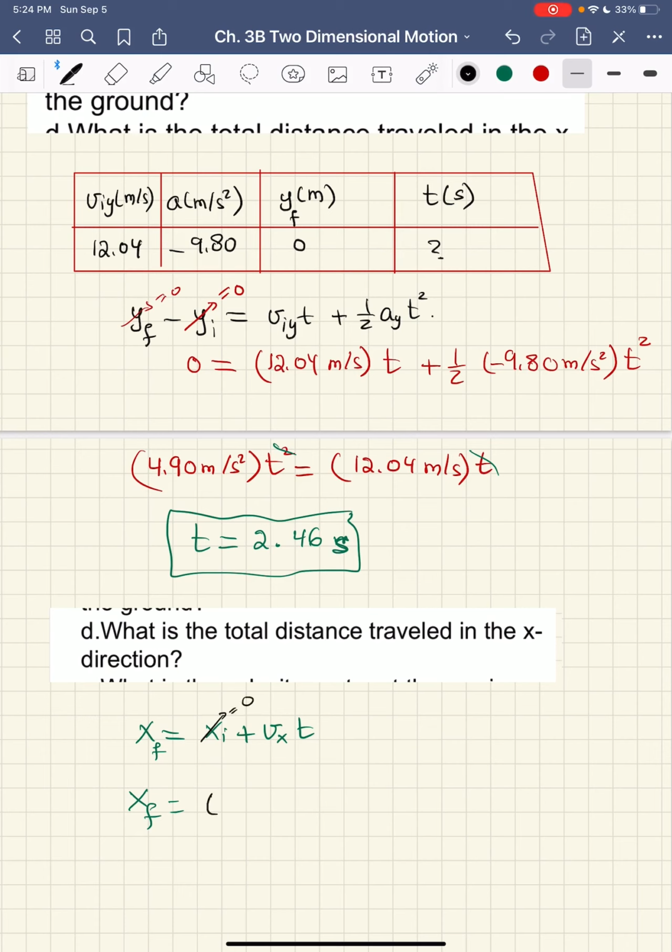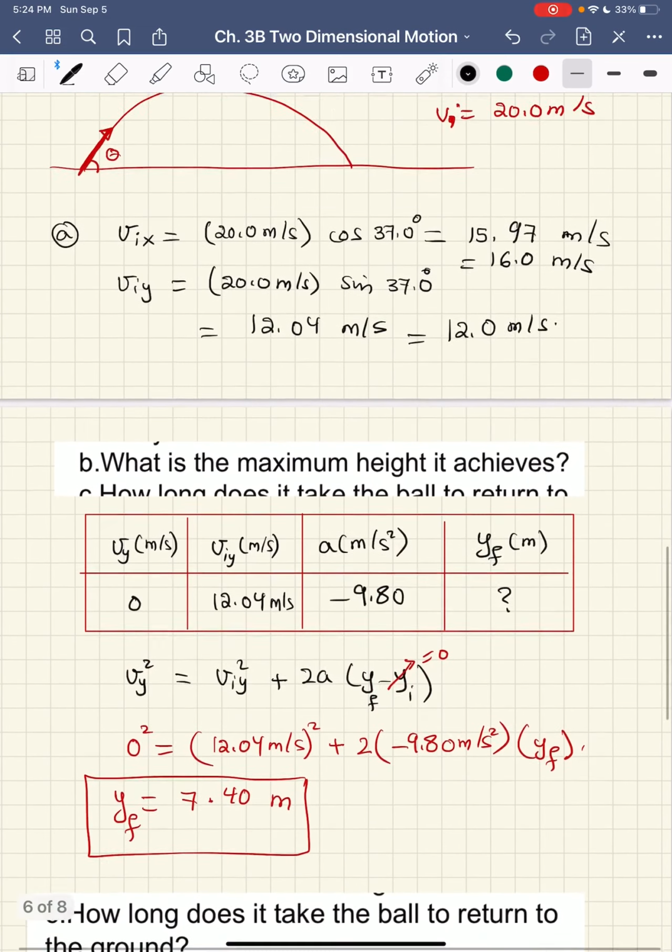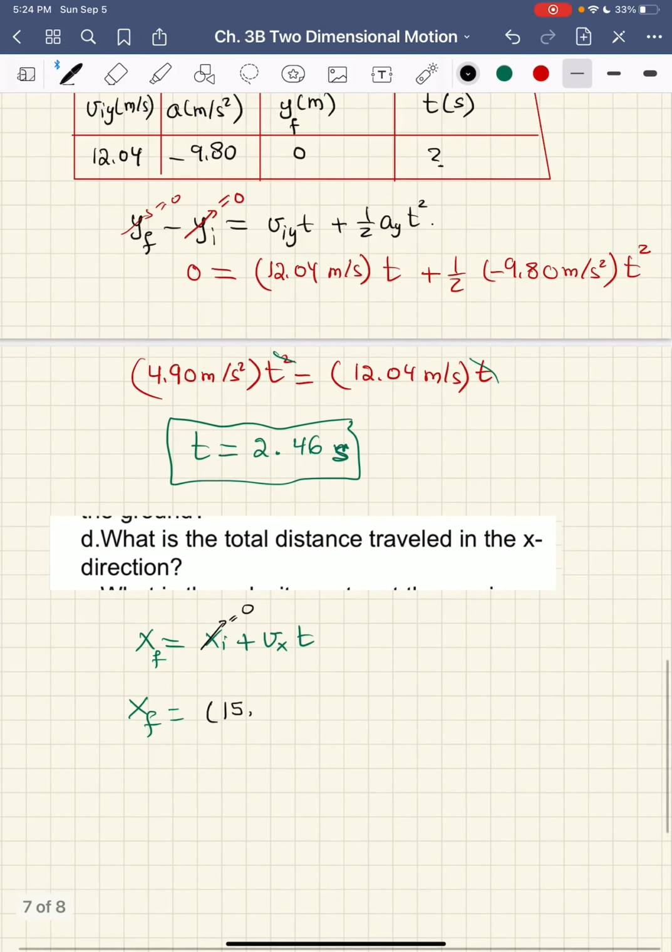And that one was 15.96, I believe, 97, times the total time, and that is going to give us 39.2 meters.